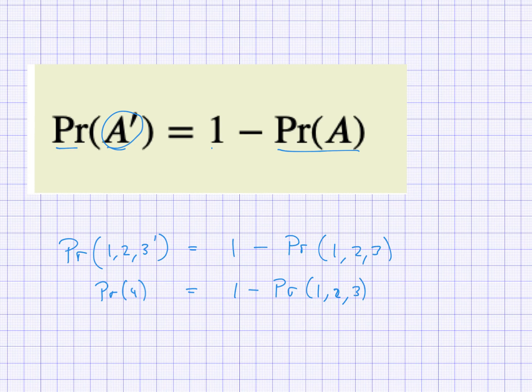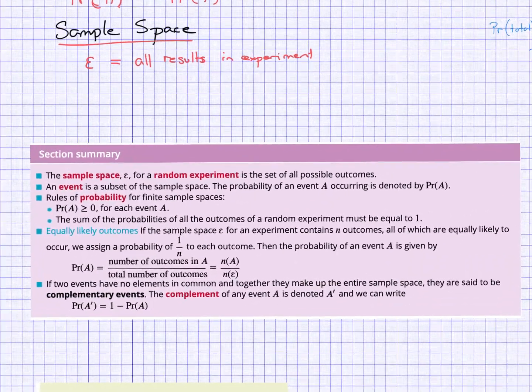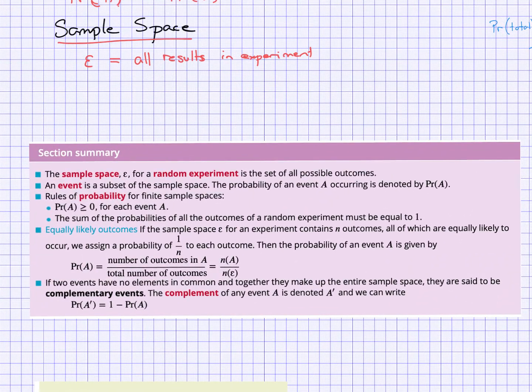So there's a few rules we have to remember with probability. The sample space is all possible outcomes. An event is a subset of it, or it's what we're looking for. The probability of something happening has to be greater than or equal to 0. We can't have less than 0. The sum of all the probabilities must be equal to 1, so something must happen at the end of the day.